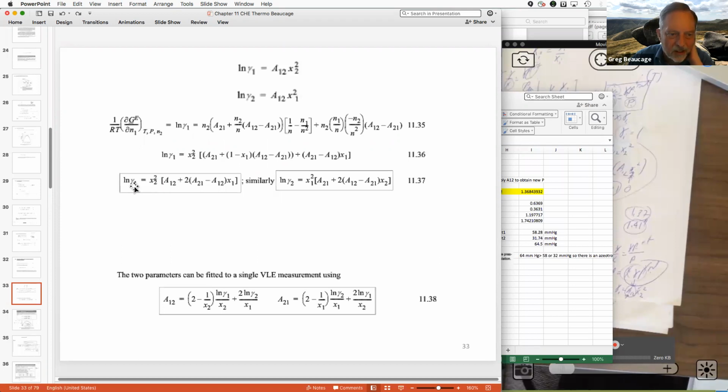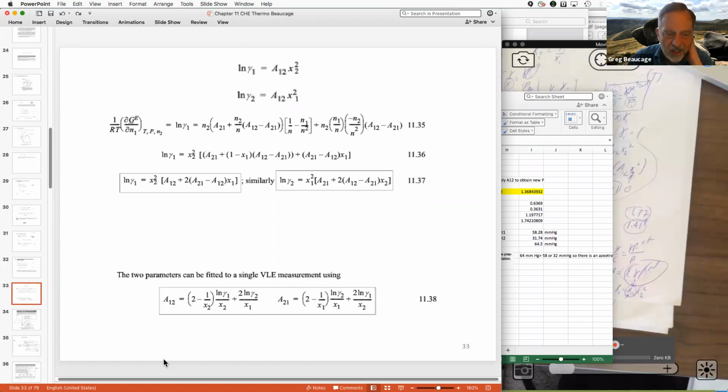It's like ln gamma 1 is a function of A12, A21, and ln gamma 2 is the same thing; you just reverse the numbers and you get these two expressions. You get that by doing the same derivative that we did with the one parameter, where we got just x2 squared. But here it's a little bit more complicated.